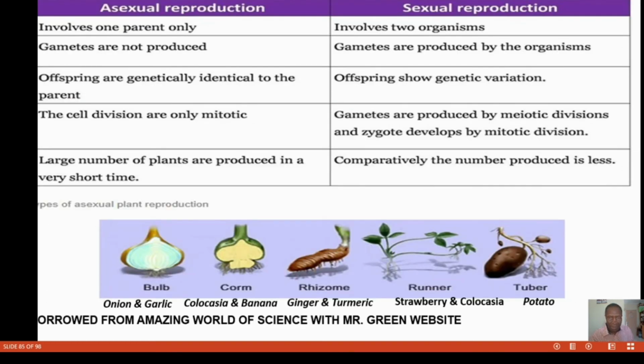And you can see the various morphologies of the asexual reproduction. The bulb, onion and garlic being an example. The corm being the colocasia and banana as examples. Then the rhizome, ginger, is a very good example of the rhizome.